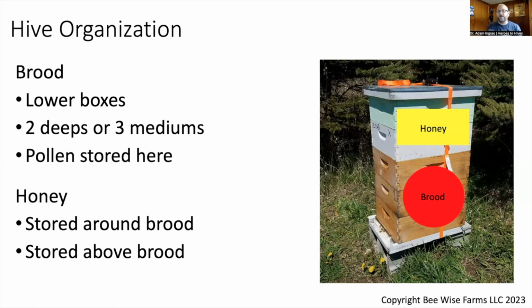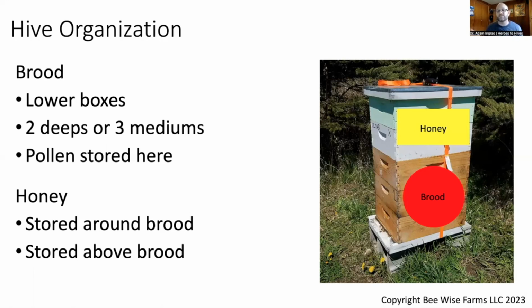Now, some of you may be thinking, well, I have to keep my queen sequestered down there because I don't want her wandering up in my honey supers and laying eggs where I'm going to be harvesting honey from. Keep in mind, some folks use queen excluders, and that would be right in between those 2 boxes where your brood and your honey intersect. You don't have to use queen excluders. I don't use any queen excluders on my entire operation.